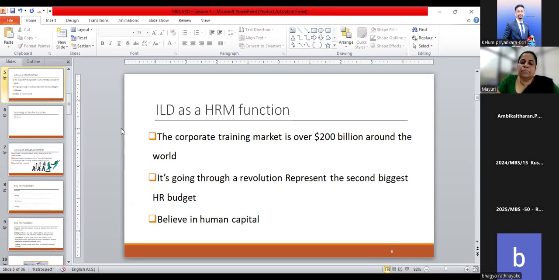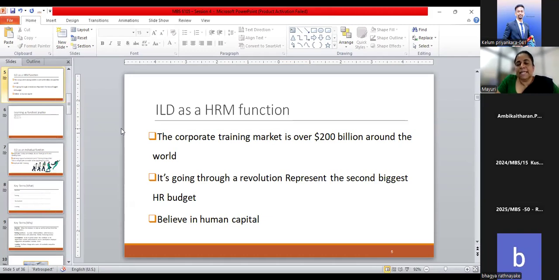And also we believe in human capital, meaning that we as individuals can develop ourselves unlimitedly. We never know what our abilities are. We never know what our scope is. We can push our scopes unlimitedly, and it is continuous, right? We can continuously push our limits.